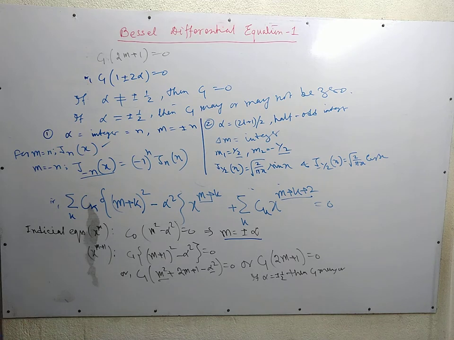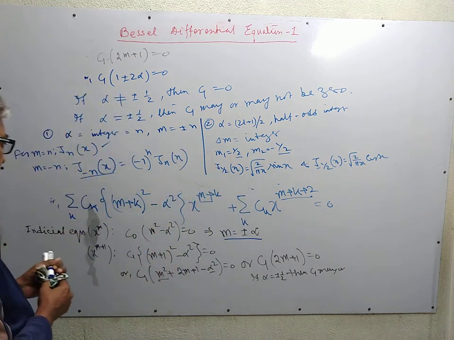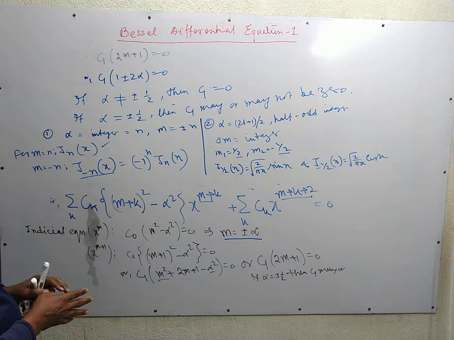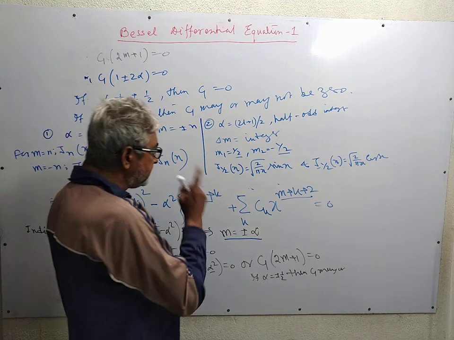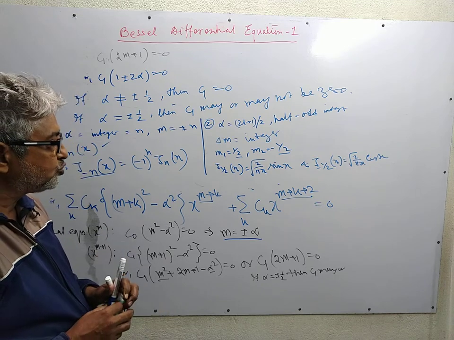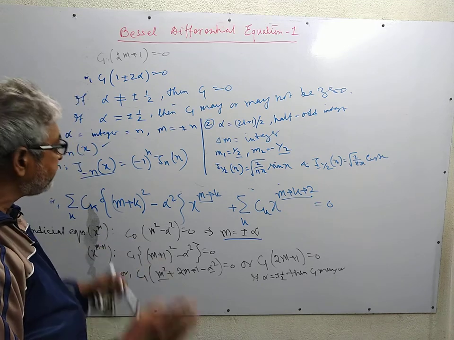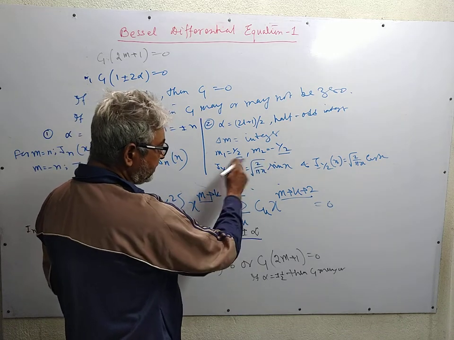So here we get both the solutions by the Frobenius-Fuchs method. If alpha does not belong to either of these two categories, then both the solutions can be obtained from the Frobenius method. Coming to the value of C1, C1 may be non-zero only when alpha is half.